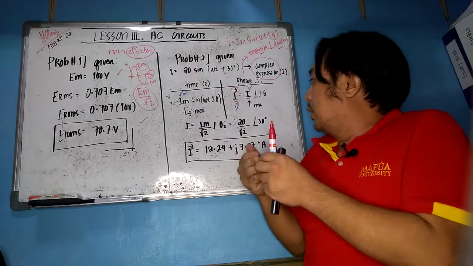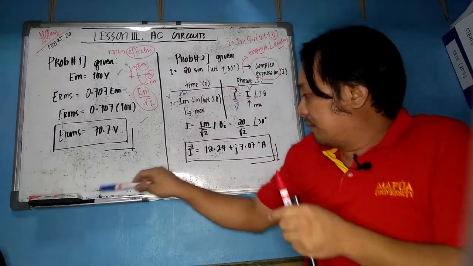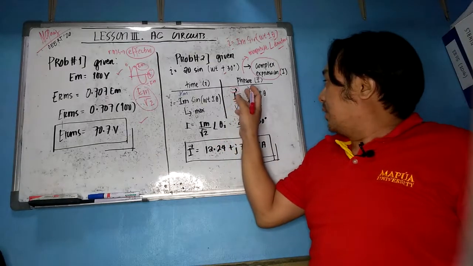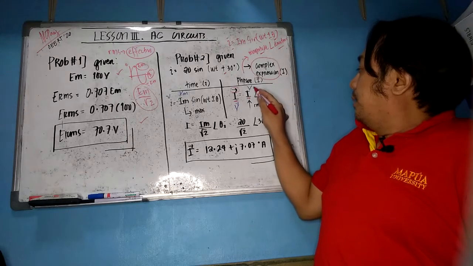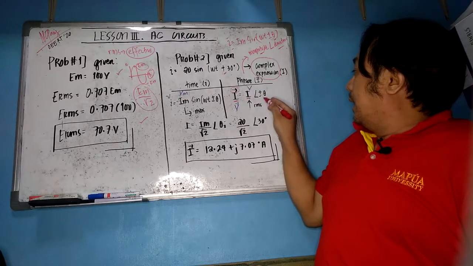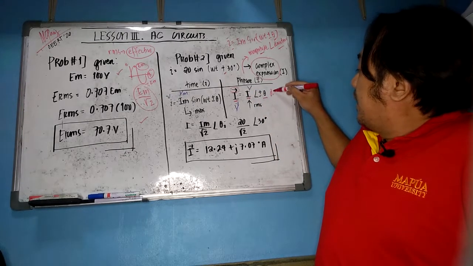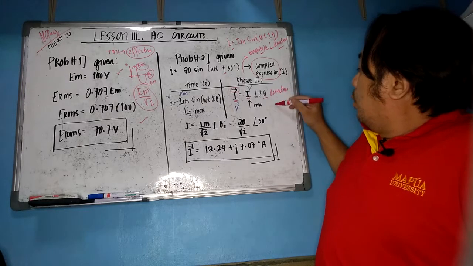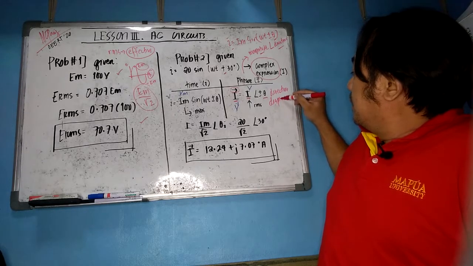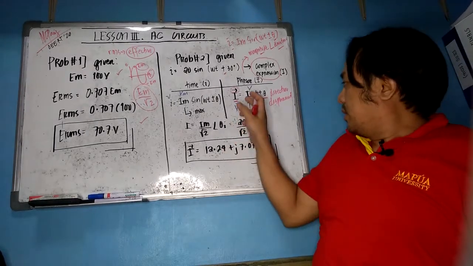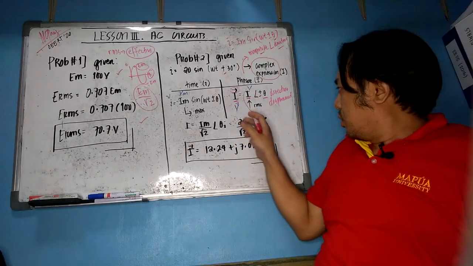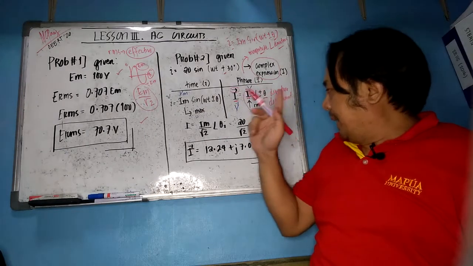The difference between these two is that in the phasor form, you have here the magnitude of the current and the angle. The angle here is direction, it means direction or displacement. So this is in terms of magnitude. Please take note.